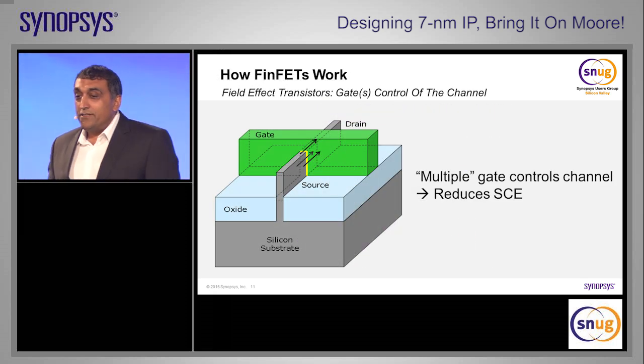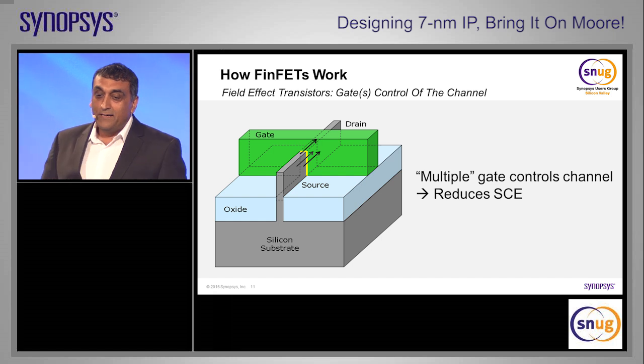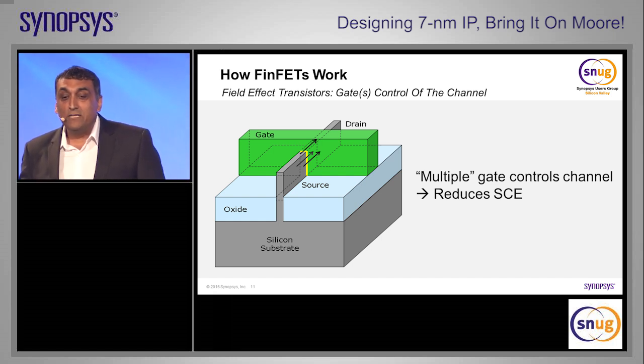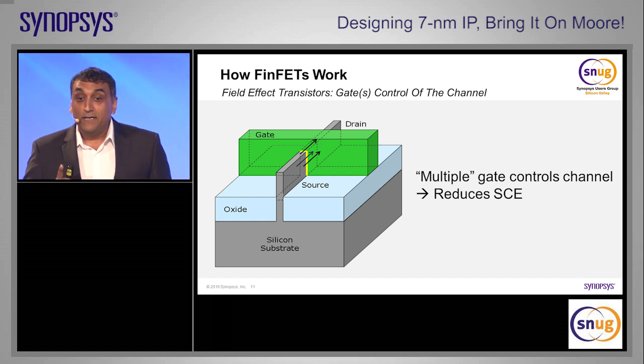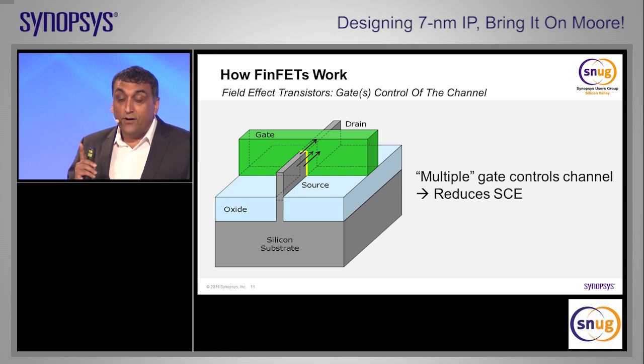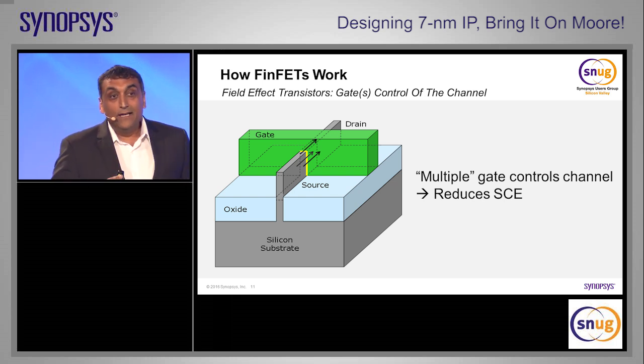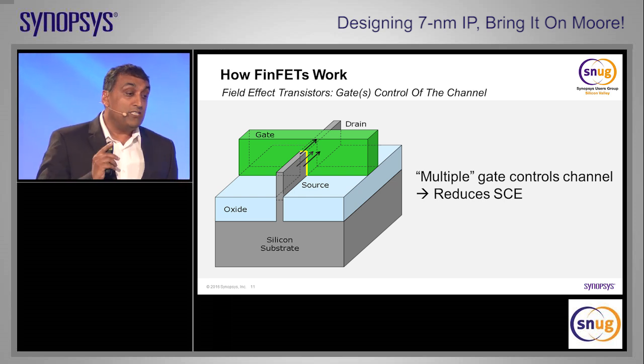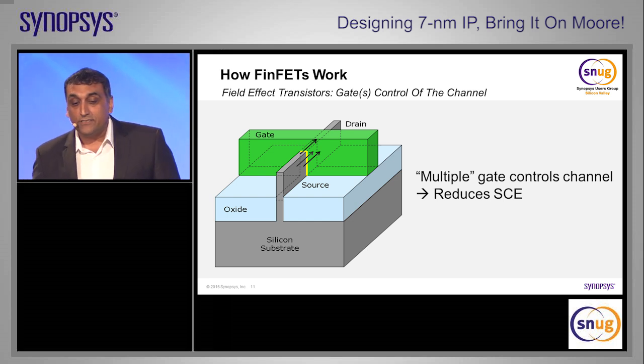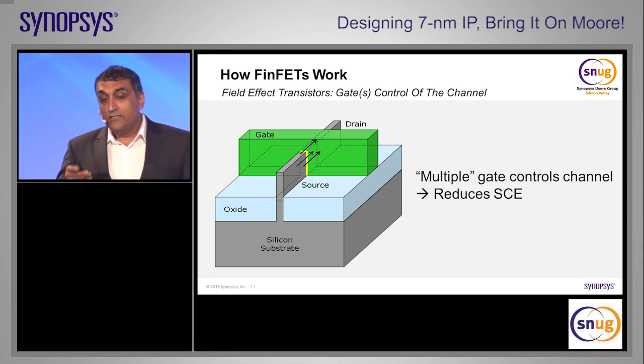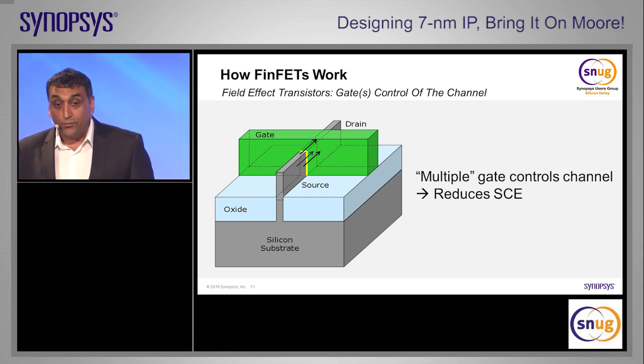This is a representation of a FinFET device. The concept is that the multiple gate surrounds a very thin channel that can fully deplete it of carriers. What this does is give it much better electrical characteristics. SCE, the short channel effects, are better controlled with FinFET devices.